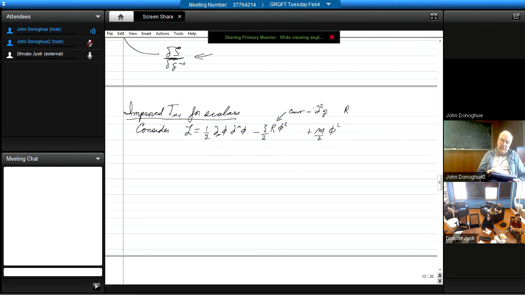So dimensionally, R has dimensions of 2 derivatives. And so if we're allowing 2 derivatives on phi, you should allow 2 derivatives on the metric also, at the same order in the derivative expansion.